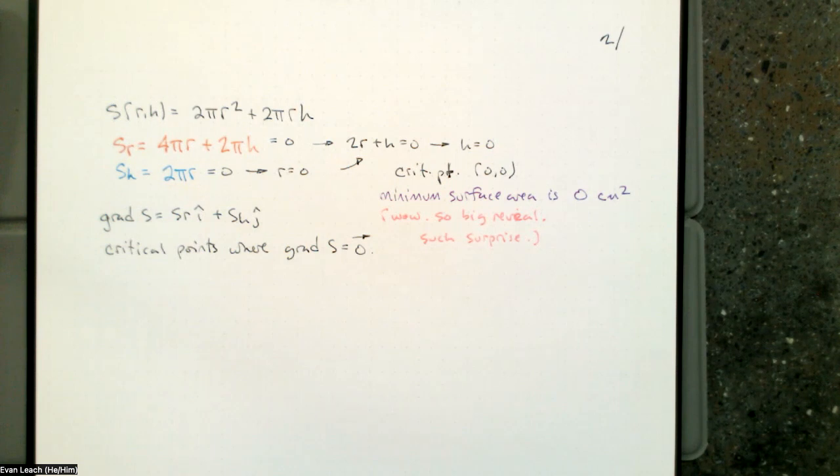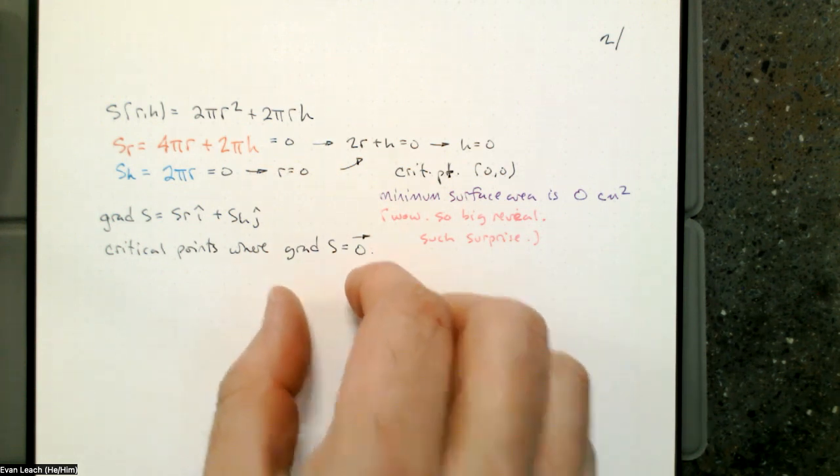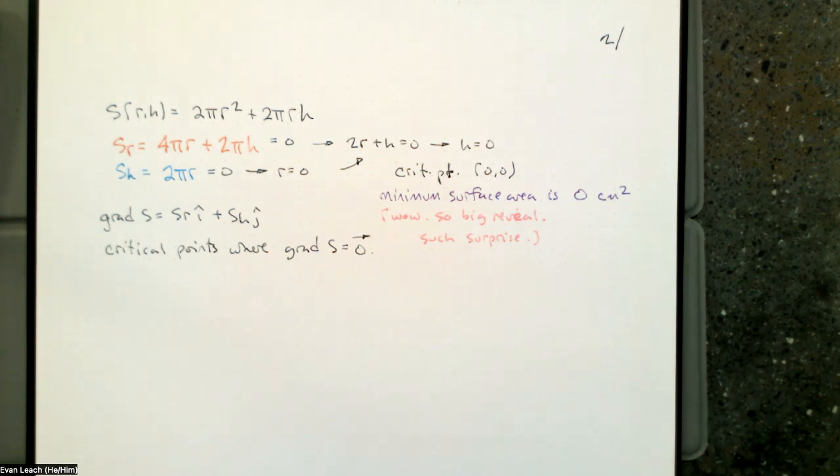Let's think about if this makes sense in the context that we're thinking about. Critical points happen where the first derivatives are all equal to 0. The function is changing direction. The gradient is telling us the direction of maximum increase. So when the gradient of S is equal to 0, there is no direction of maximum increase. So it makes sense that first derivative equal to 0 still holds in the context of the gradient. If the gradient is the direction of maximum increase, there is no direction of maximum increase.